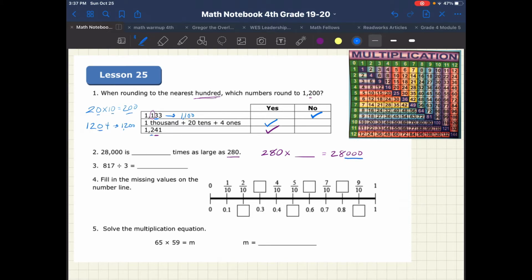And the deal here is we only have a 10 here, or a 0. And we've got 1,000 here, or 3 zeros. So to place those extra zeros, we need 2 more zeros, right? So that we have 1, 2, 3 to match our 3 over here. So 100 times as large.